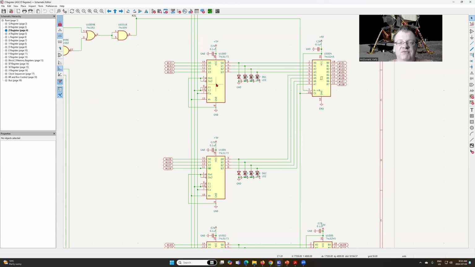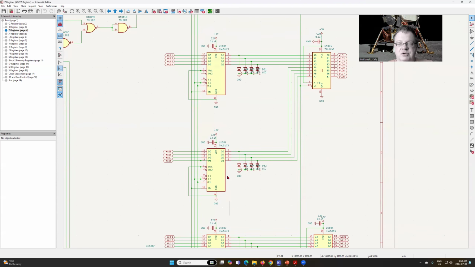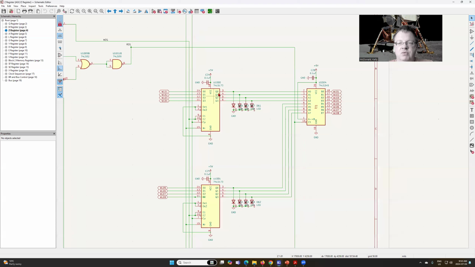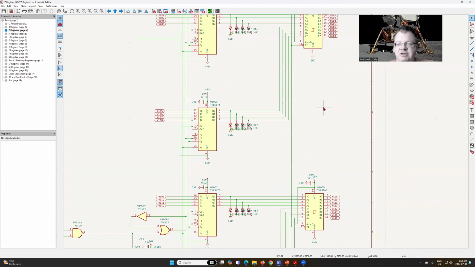Each of these contains 4 D registers. Because there's 16 bits, 16 divided by 4 is 4. So we need 4 of these in order to store all of the components. And then we have an octal transceiver, which is what we're going to use to write data out onto the bus. And because 16 divided by 8 is 2, we need 2 of them.